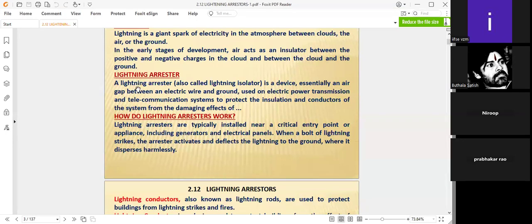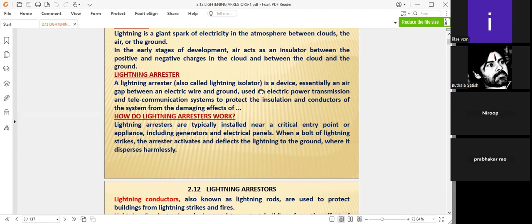In detail, a lightning arrester is also called a lightning isolator. It is a device, essentially an air gap between an electric wire and ground, used on electric power transmission and telecommunication systems to protect the insulation and the conductors of the system from damage, and any equipment or buildings installed over and above will be protected from the damage.